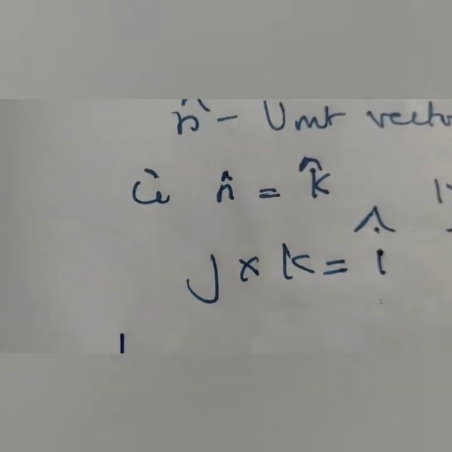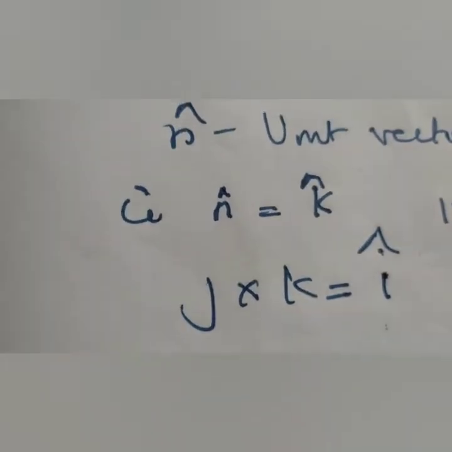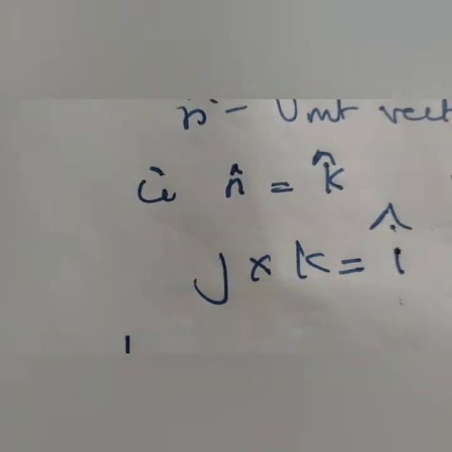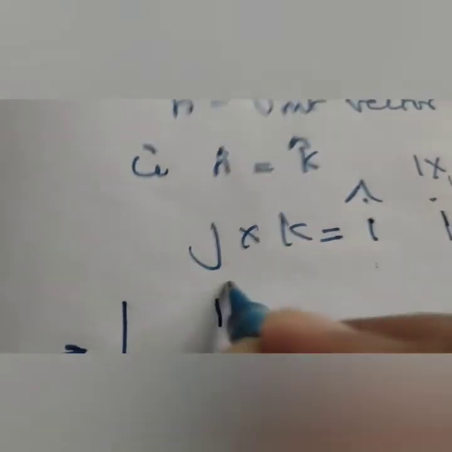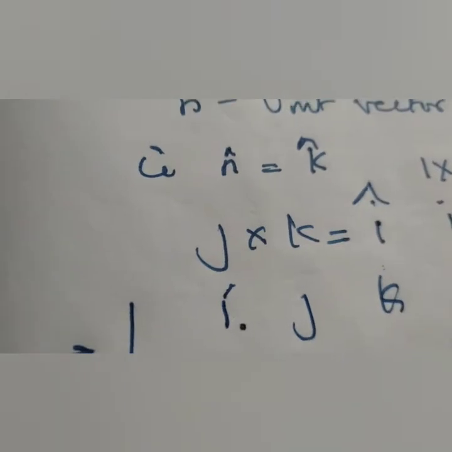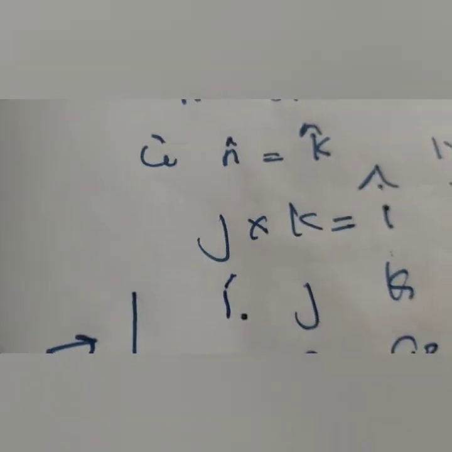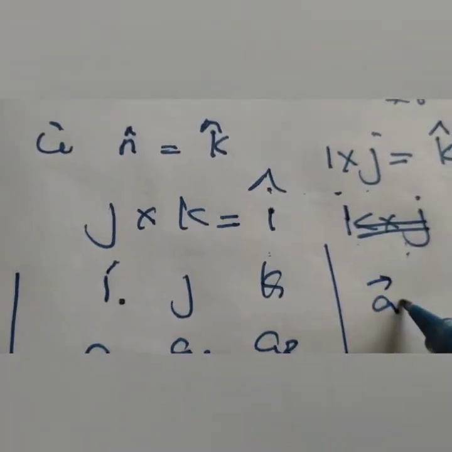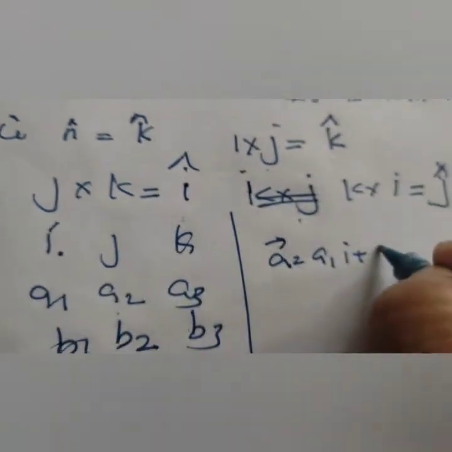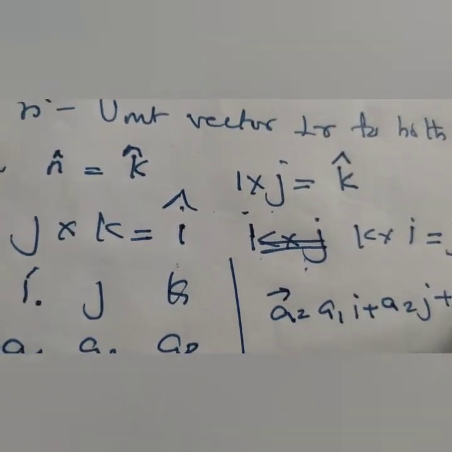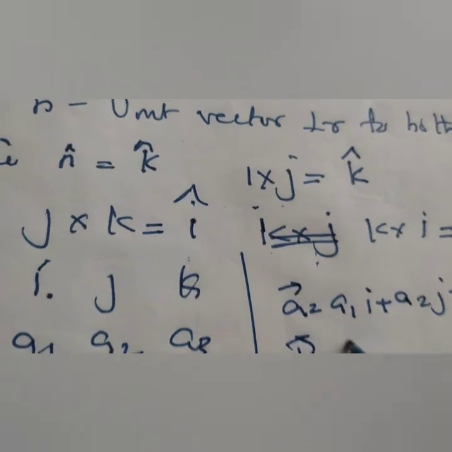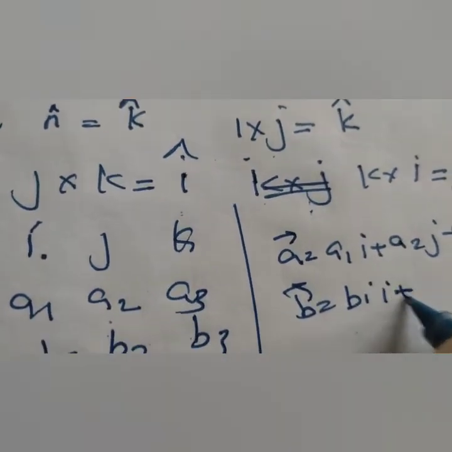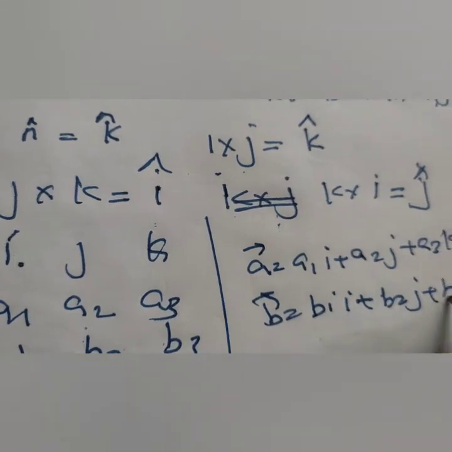And also we can write A cross B in matrix form: I, J, K; A1, A2, A3; B1, B2, B3, if A is equal to A1I plus A2J plus A3K, and B is equal to B1I plus B2J plus B3K.